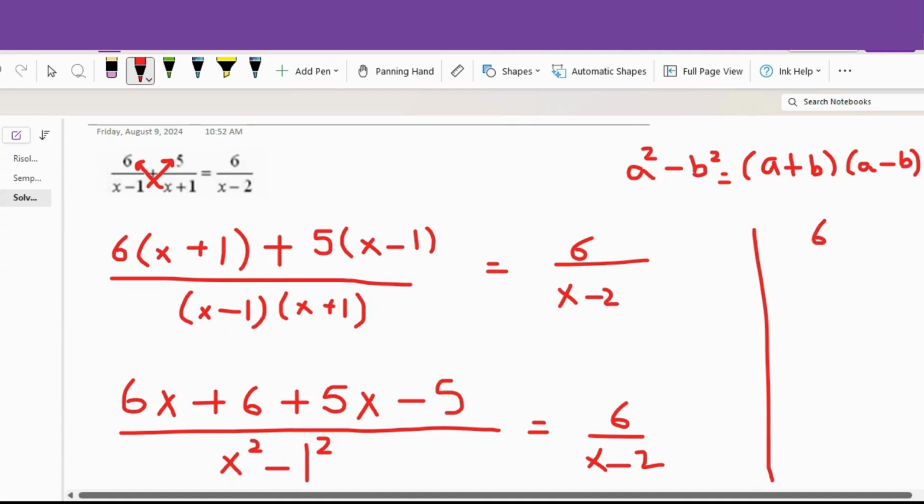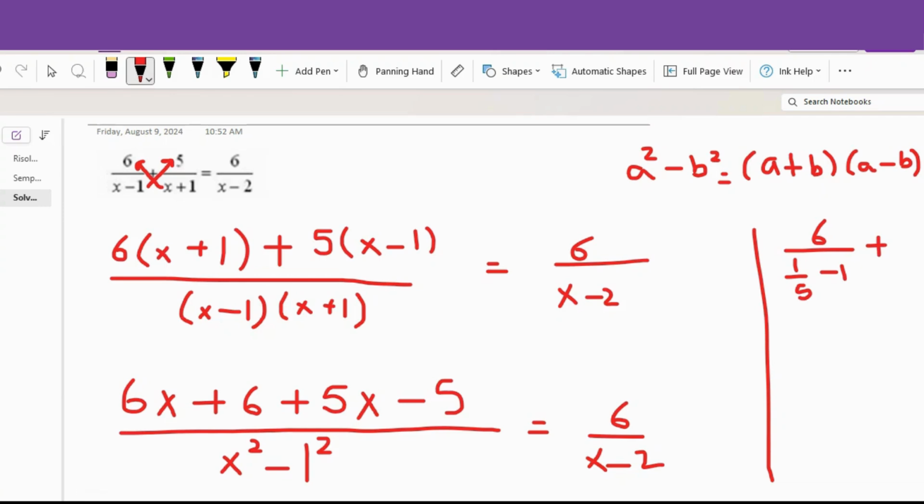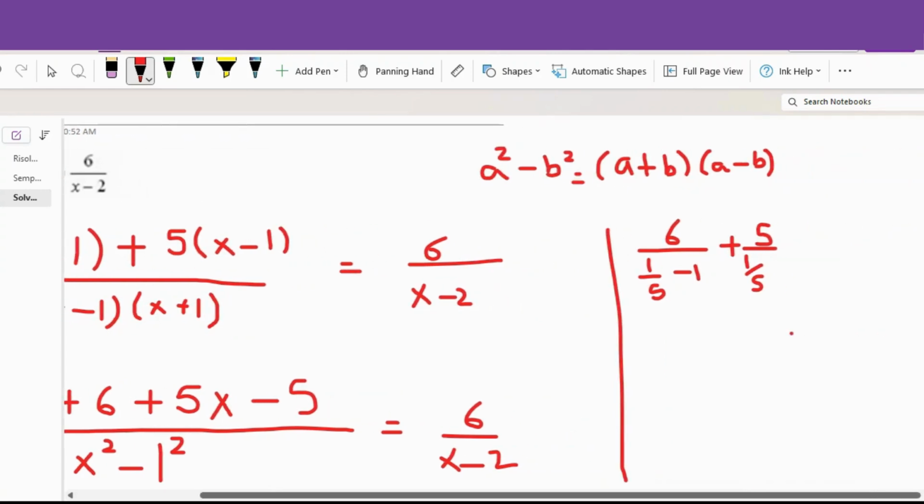So it's going to become 6 out of 1 out of 5 plus 1, plus 5 out of 1 out of 5 minus 1, minus 2.